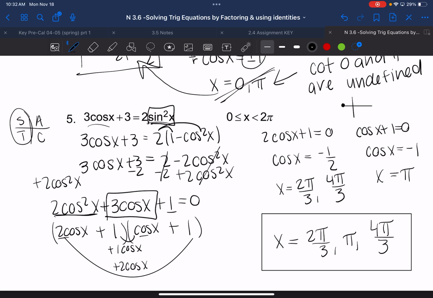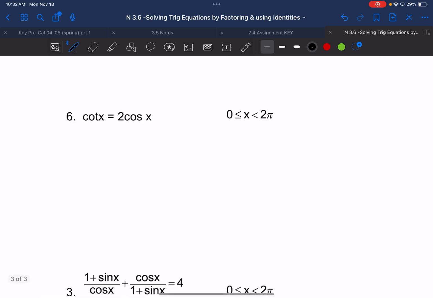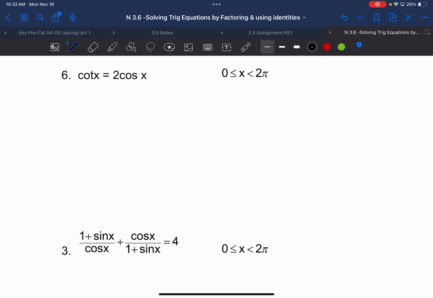Okay, we just got a couple left. All right, on number 6. Okay, for number 6, as it's currently written, not going to be able to factor, even if I moved it all to the same side, not like terms. So maybe we use some of our basic 8 to rewrite. So let's start with cotangent. What am I allowed to rewrite cotangent as that might have a cosine in it?